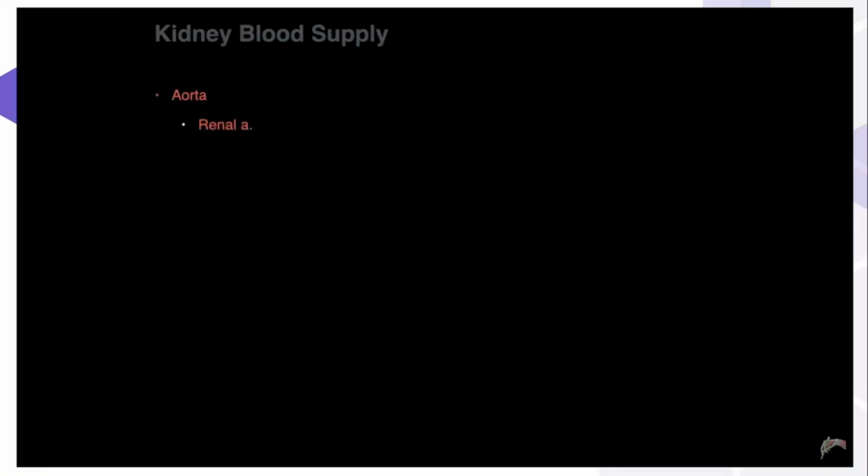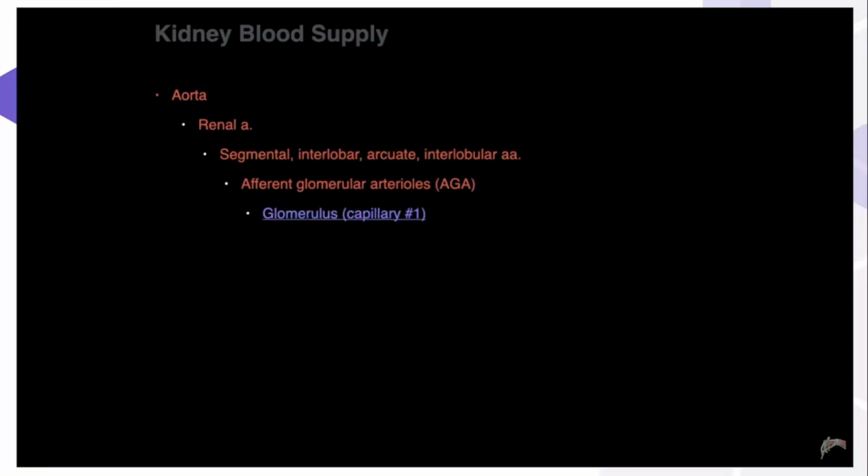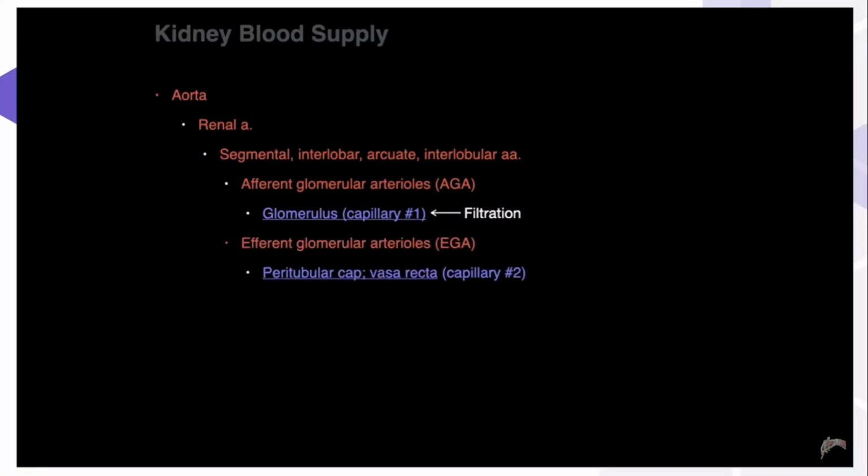Now the aorta gives the renal artery, then the renal artery further divides into segmental, interlobar, arcuate and interlobular arteries, then the afferent glomerular arteriole, and then the glomerular capillary. This is the first capillary bed. Then it continues into the efferent glomerular arteriole, then into the peritubular capillary or vasa recta.